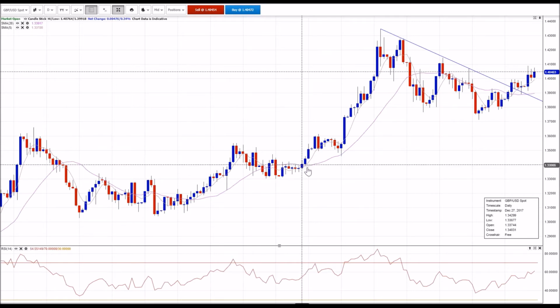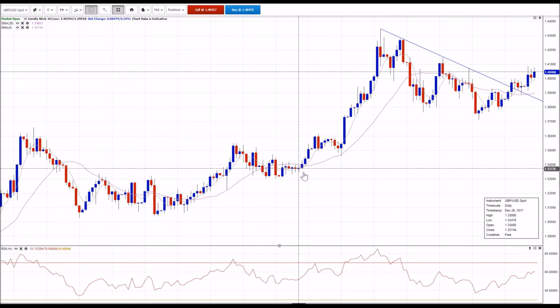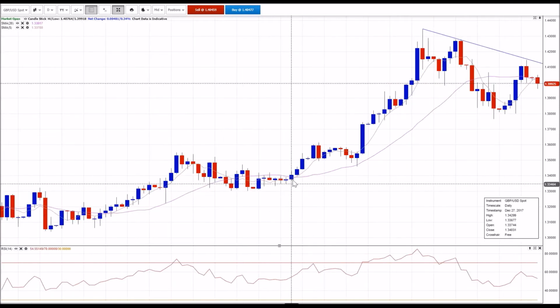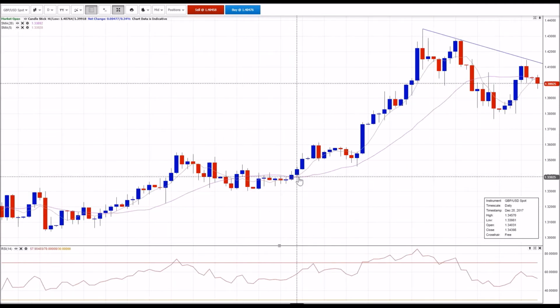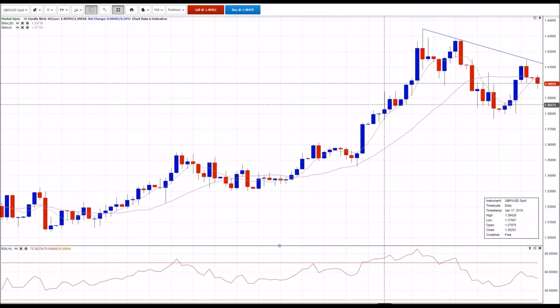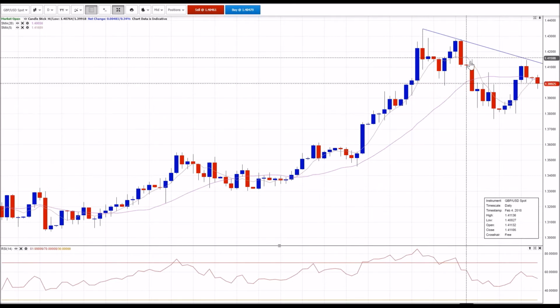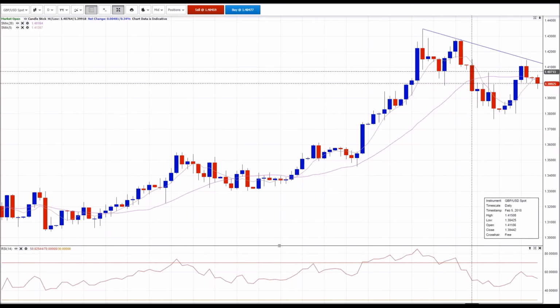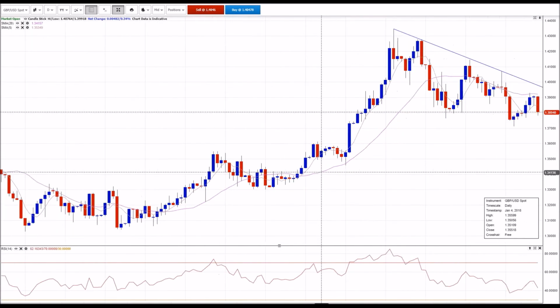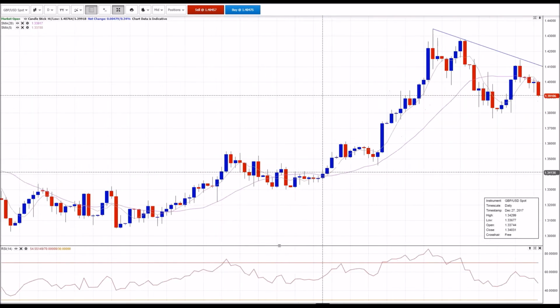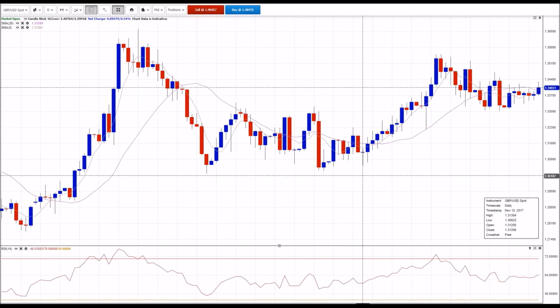That's our buy signal. So the 5-day here moves above the 20. Sticks with it all the way up here. And then when the 5-day drops below the 20, that's our sell signal. So rather than using the price as the trigger, it uses 2 moving averages.